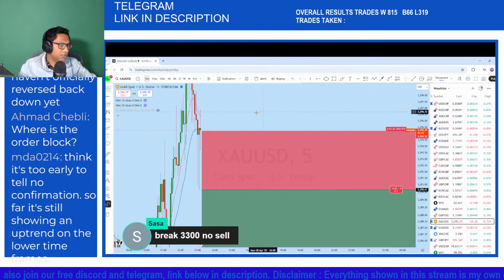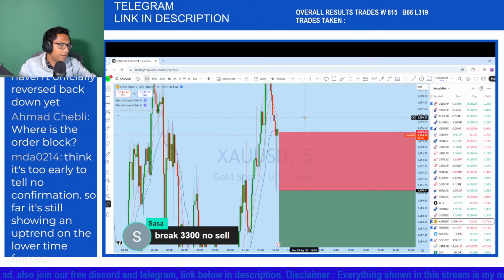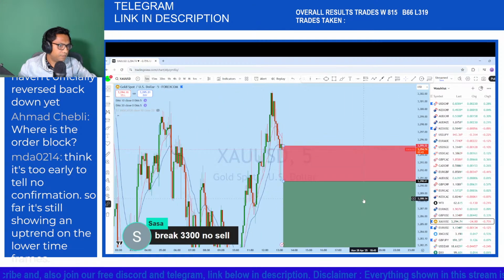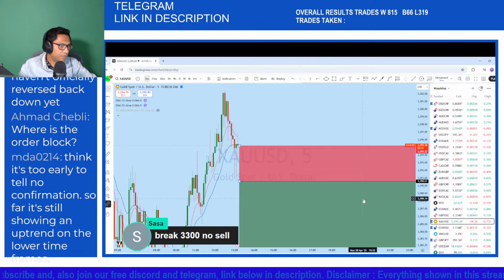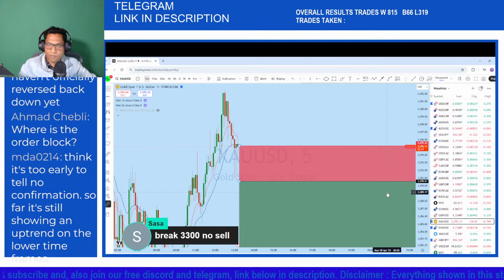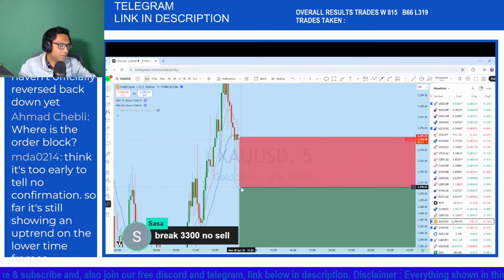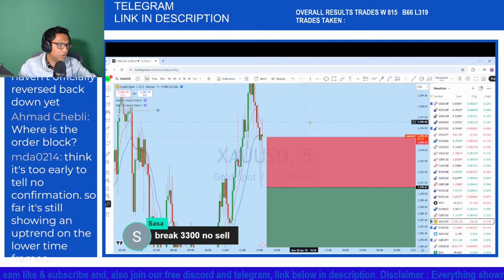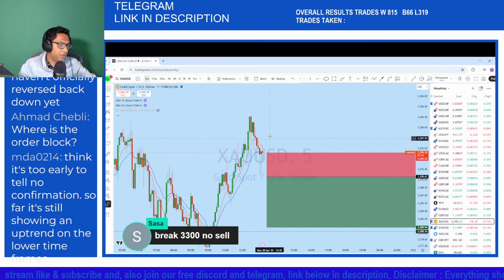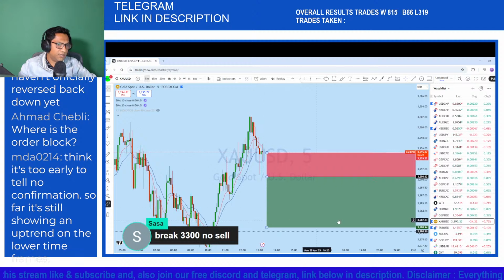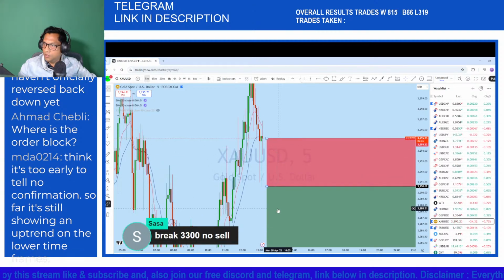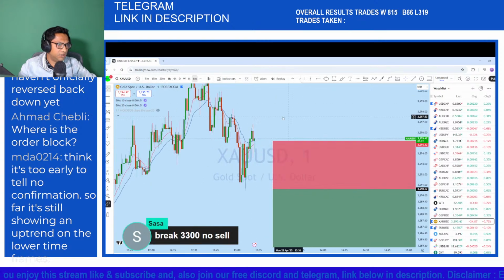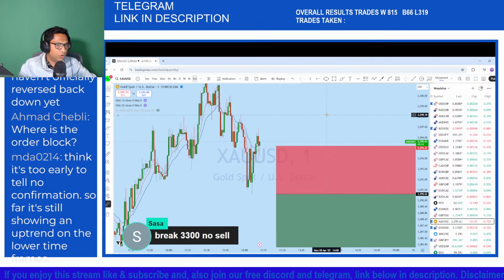So here you can see that there is a doji, and with this doji, if it is forming a head and shoulders here, we might see the market return to the major trend again.